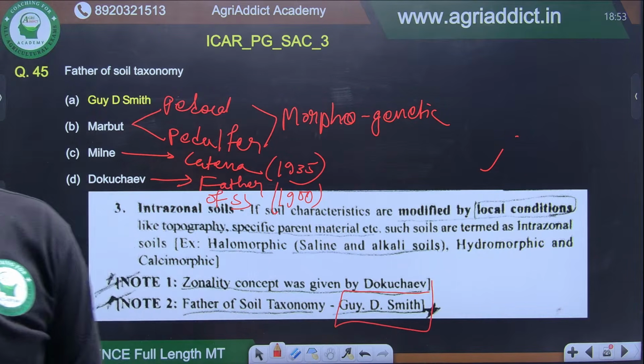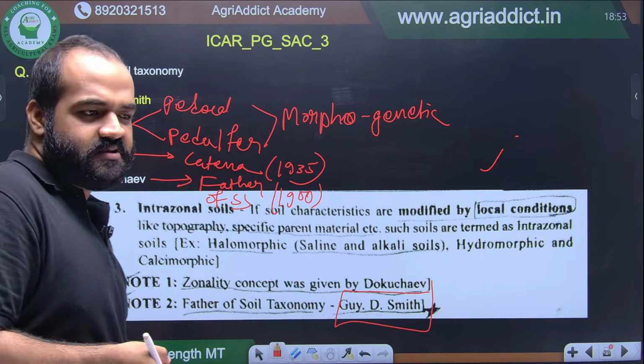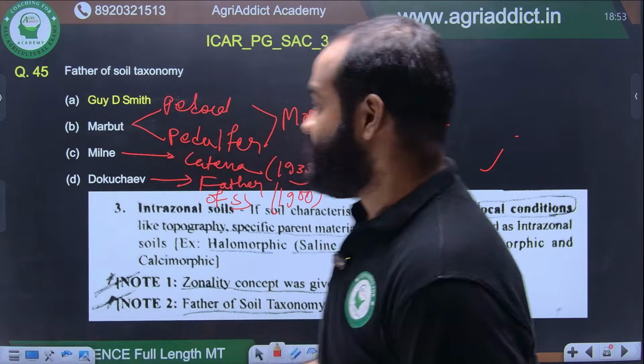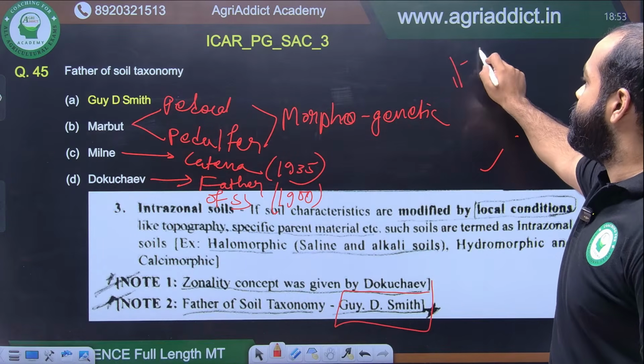How many questions come approximately? I told you, no? You can expect 1 to 5, in the range of 1 to 5.